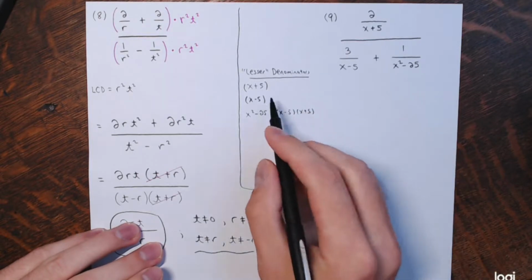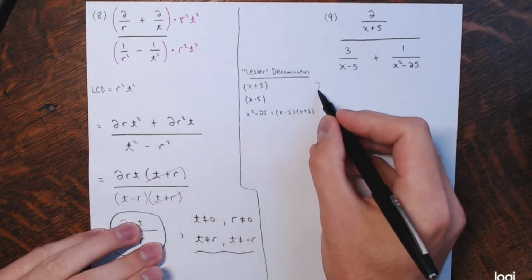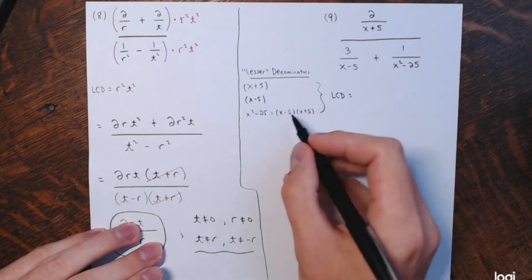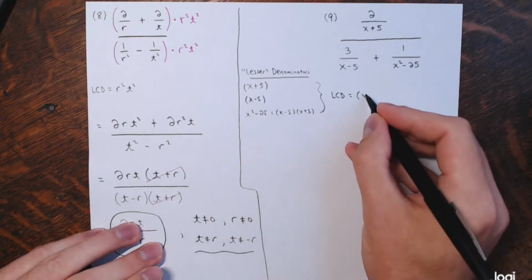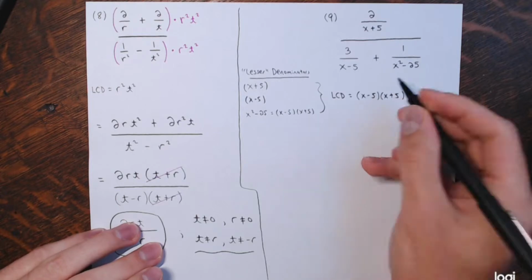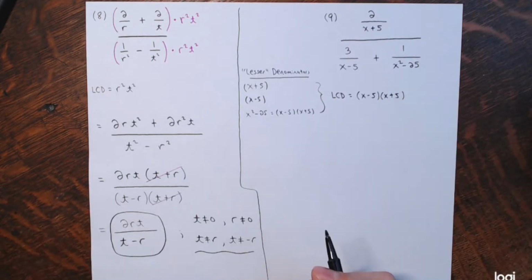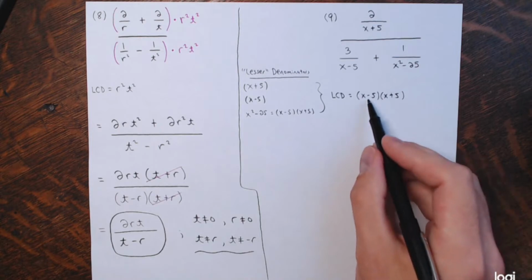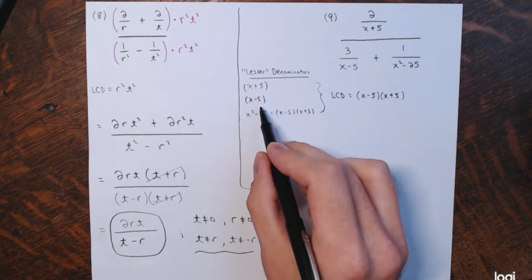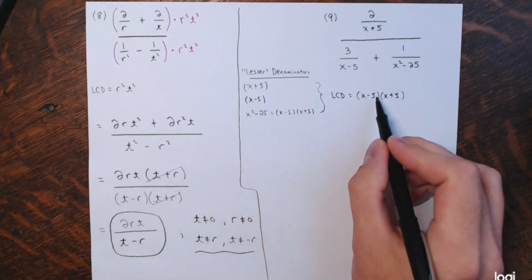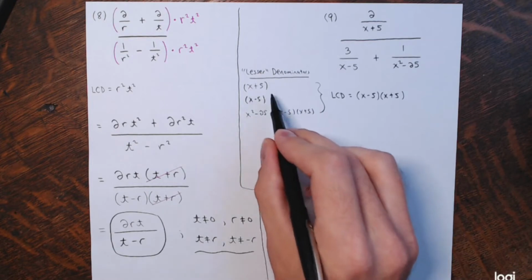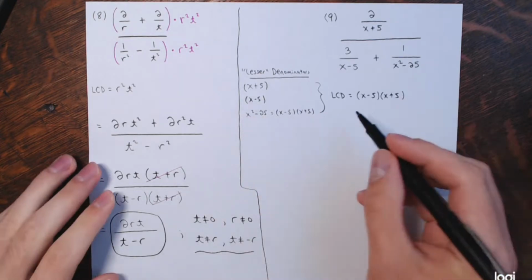And I'm hoping that you can see that's the LCD. The least common multiple of these would have the factors x minus 5 and x plus 5, so the LCD is going to have x minus 5 to some power, x plus 5 to some power. The highest power on each of these is the first power, so both are in the LCD.